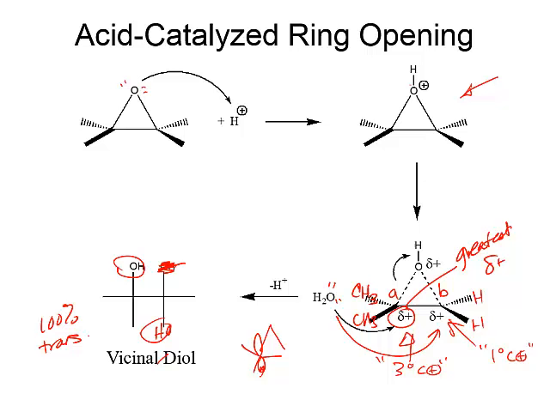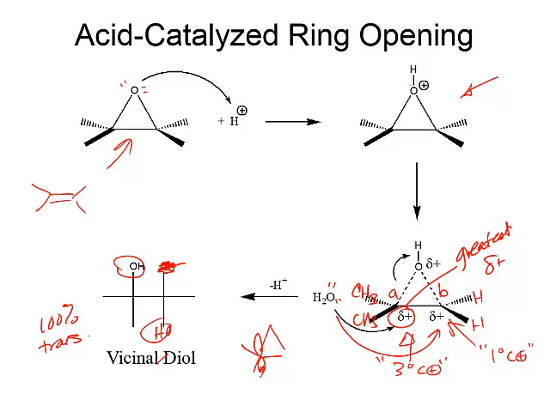It's not Markovnikov. Why did I say you added two OHs? Because what did this start out as? It started out as a double bond. So after a series of steps, I ended up adding two OHs, in essence, to a double bond. And that's why we call epoxides intermediate compounds, because they're intermediates along the way.